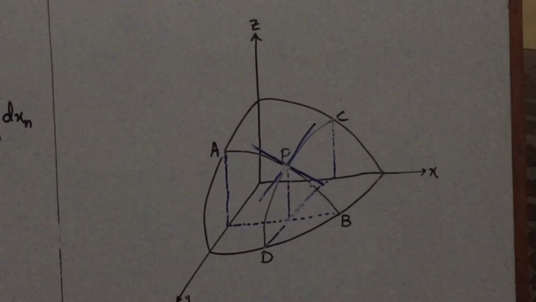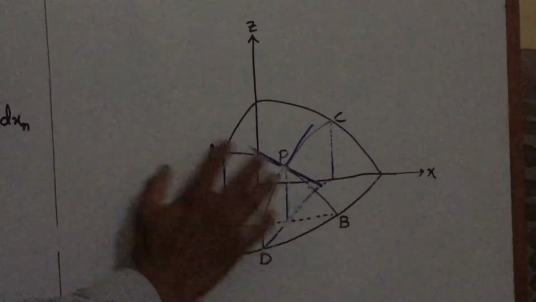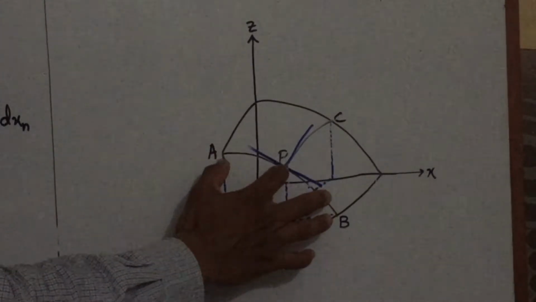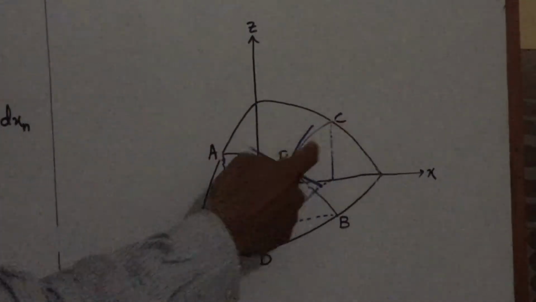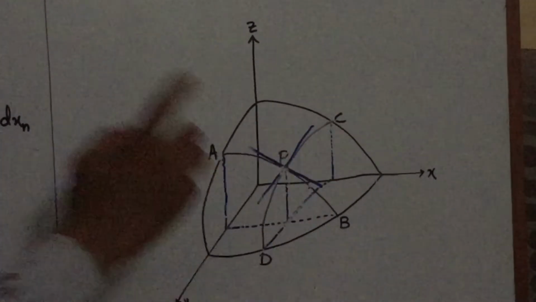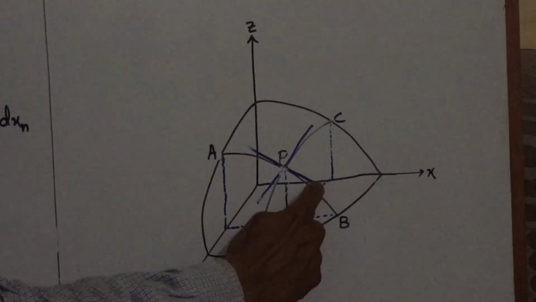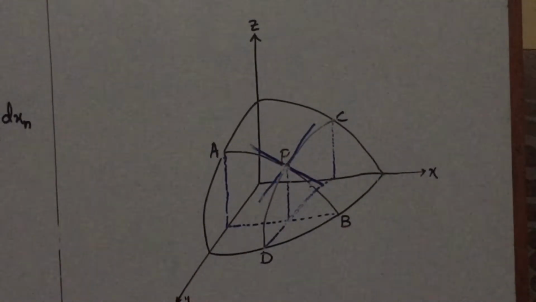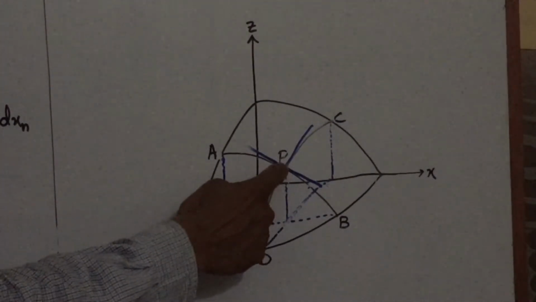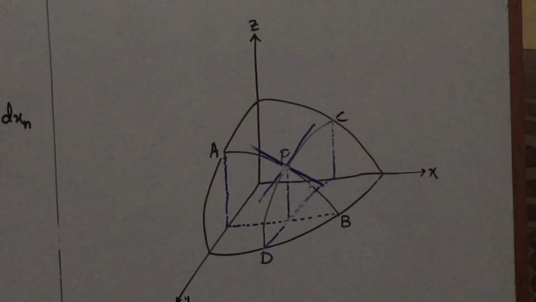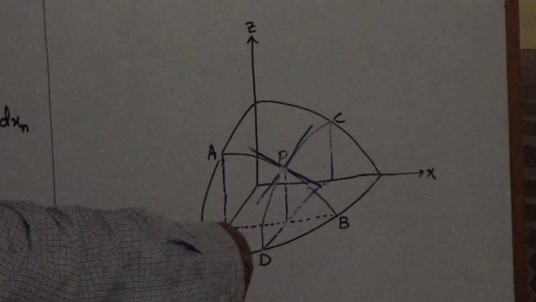So here you see two curves at this point P. APB is the first curve, and another curve is CPD, and the common intersection point is P. So dou f over dou x is the slope along this axis, and dou f over dou y is the slope along the y axis.